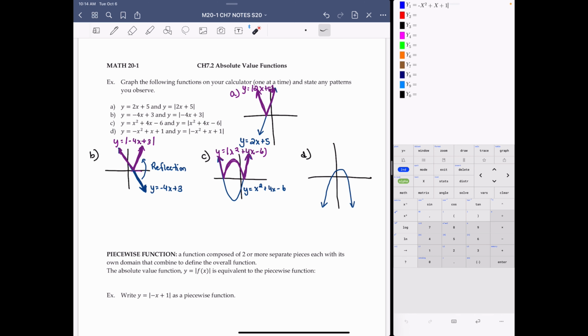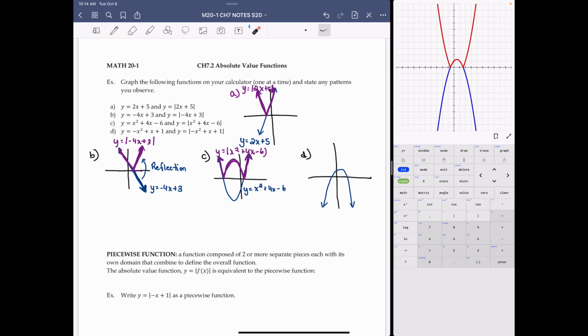Go back to our y equals, go down and enter absolute value of negative x squared plus x plus 1. Graph that, and that's exactly what we get. We have the left arm is reflected up.